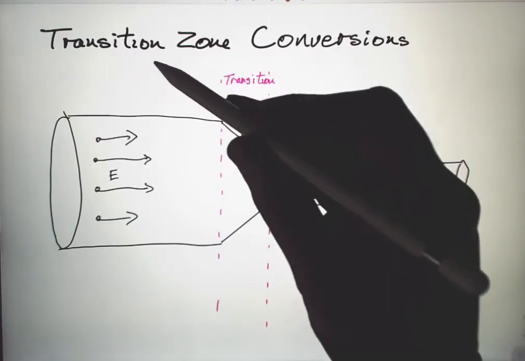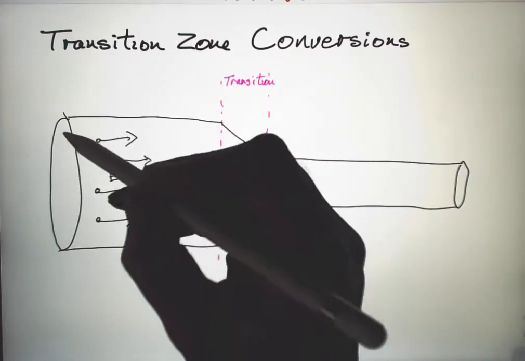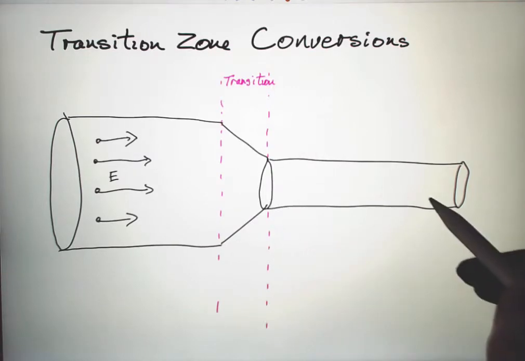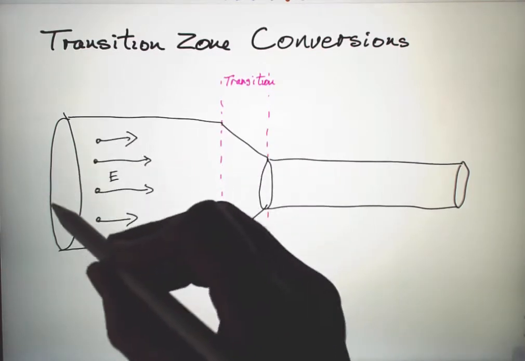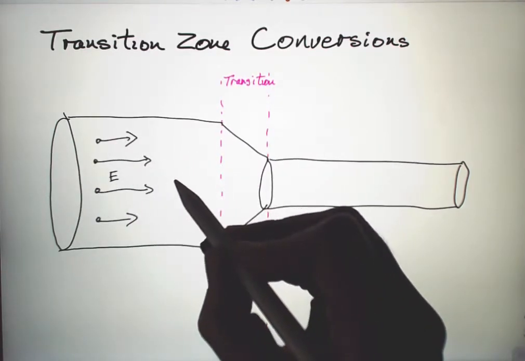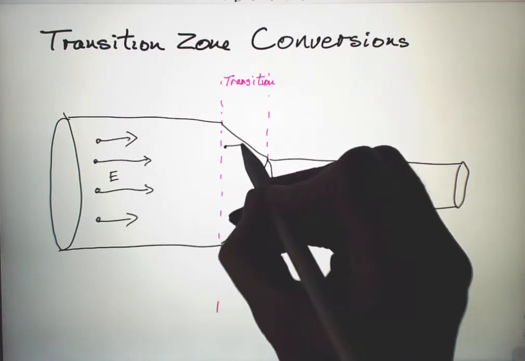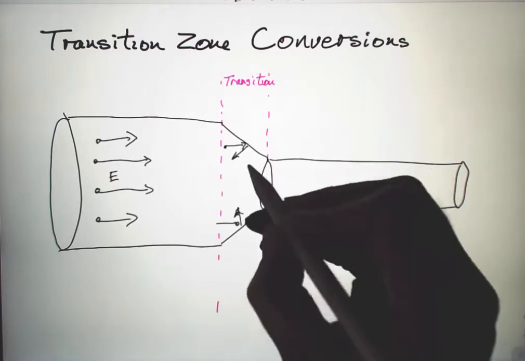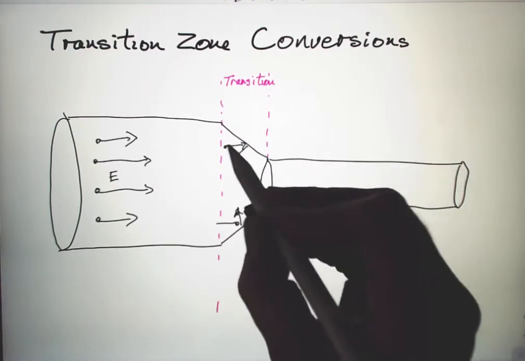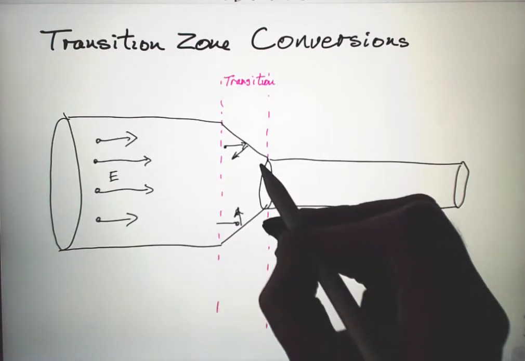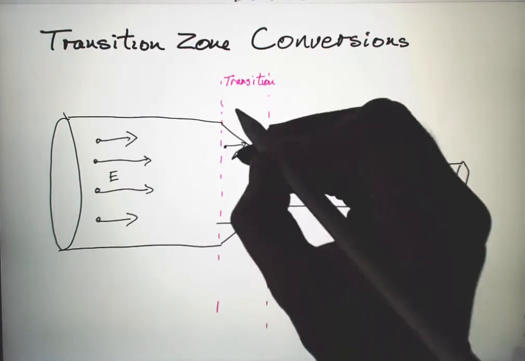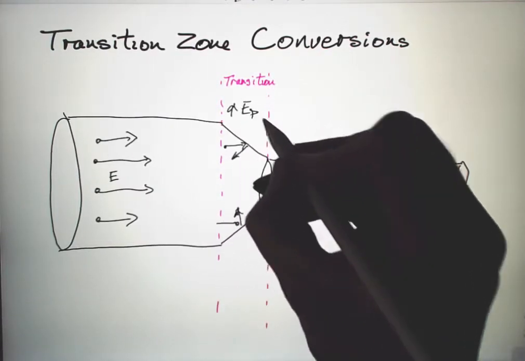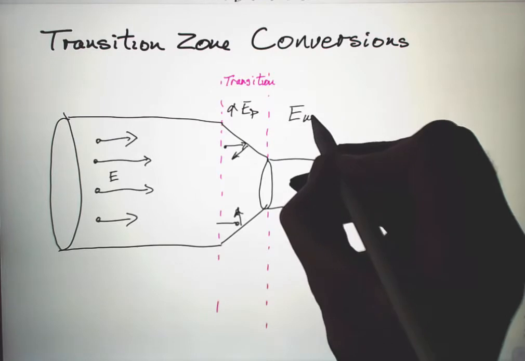What happens at a transition zone? Here's a transition between a wider tube going to a narrower tube. We have energy of momentum from the flow coming in. At the transition zone, some of those molecules hit the boundaries of the tube and bounce off. That changes their direction. It converts energy of momentum to energy of pressure. Can that higher energy of pressure be converted back into energy of momentum?